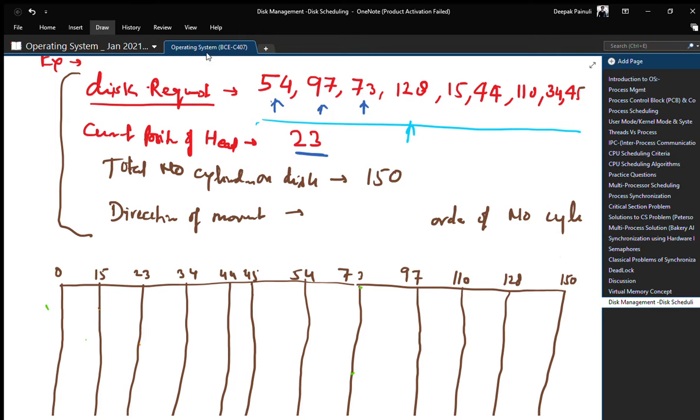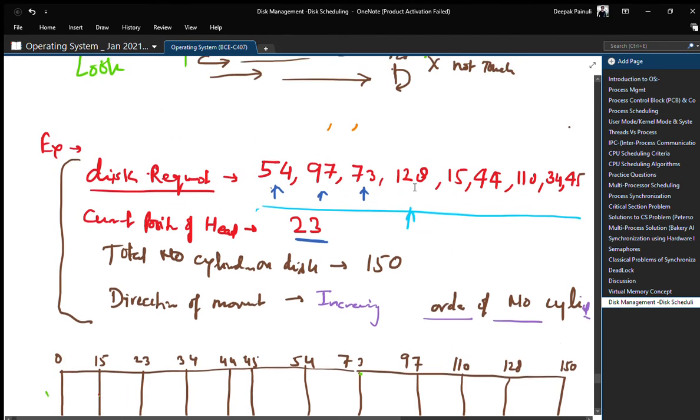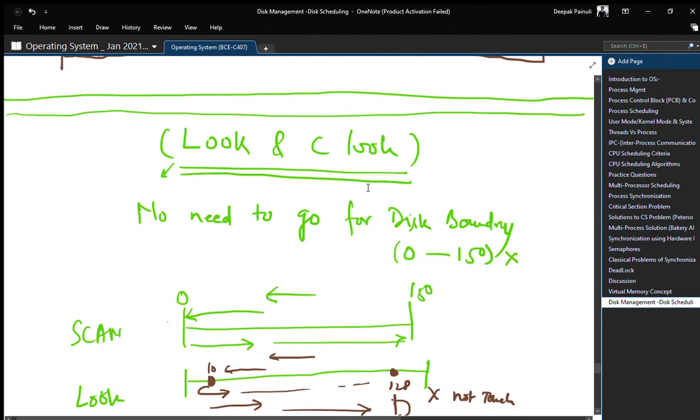So now we are assuming that the direction of movement is increasing order of cylinders, right? Increasing order of cylinders. So let us understand this LOOK algorithm using this example, right?